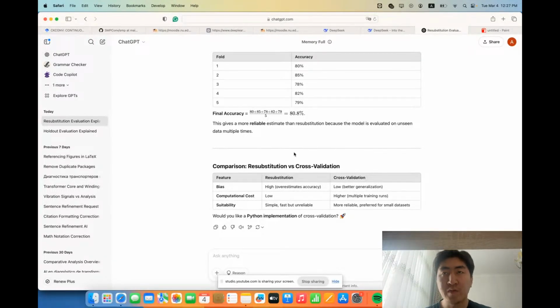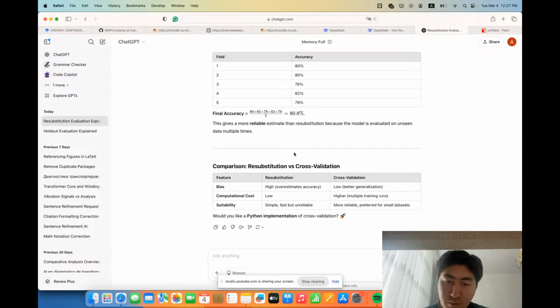However, cross validation has a better generalization and is pessimistically biased. Computation cost for resubstitution is low. However, for cross validation, it will be higher if it is used on large data sets. So resubstitution is simple, fast, but unreliable.